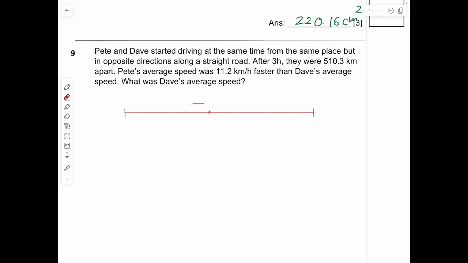So one goes this way and the other goes this way. Okay, after 3 hours, they were 510.3 kilometers apart. Pete's average speed was 11.2 kilometers per hour faster than Dave's average speed. What was Dave's average speed?